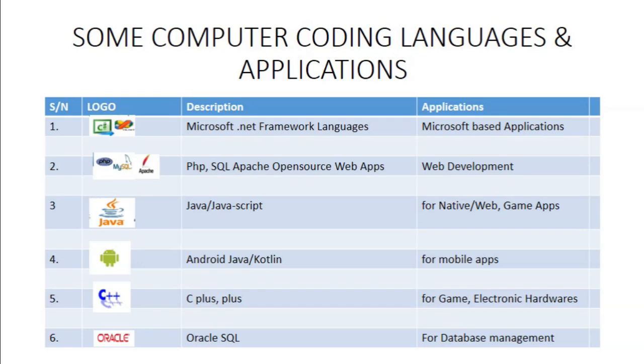Facebook, you cannot use it offline, you can only use it online, so it's a web application. Twitter, Tinder, TikTok, these are all applications you cannot use offline. So anything that you have to use data for, you have to load MTN, Glo, 9Mobile, or any of the likes, is a web application.